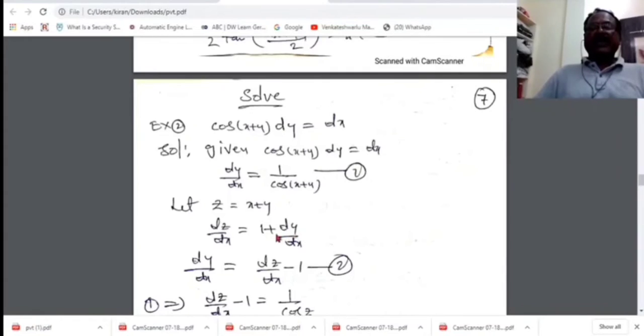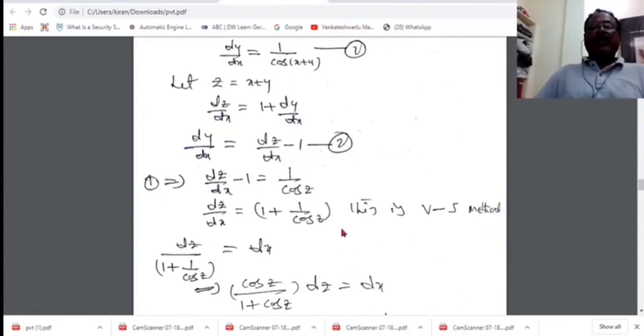After simplification, dy by dx is equal to dz by dx minus 1. That is equation number 2. Now substitute equation number 2 in 1. Now 1 implies dz by dx minus 1 equal to 1 by cos z.